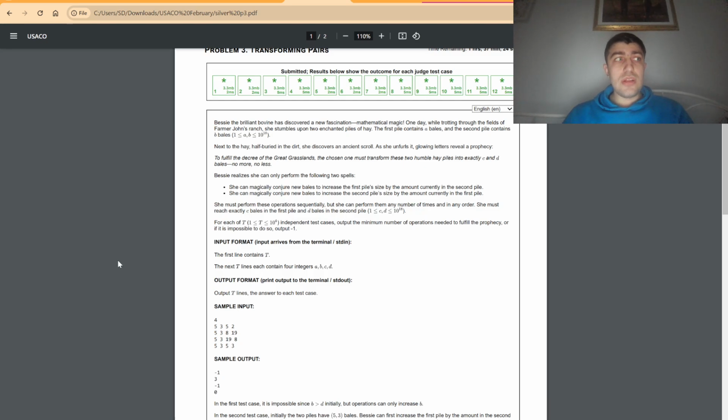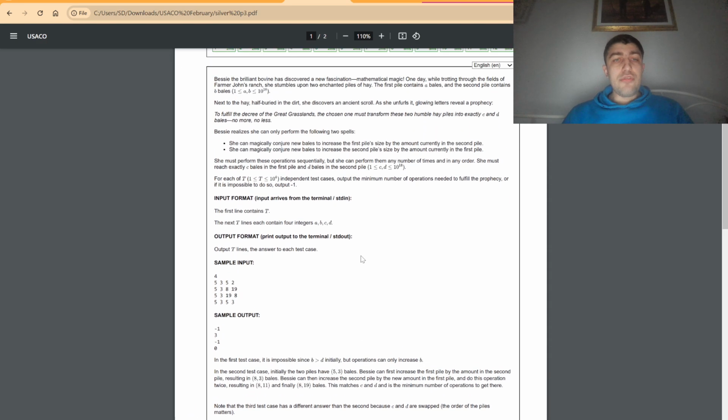In order to do that, we have to either make one of them increase by the value of the second one, or the other way around, make the second one increase by the number in the first one. For each of these T test cases, the values are quite big, so we want to find the minimum number of operations we can do to fulfill this task, or print -1 if it's not possible.